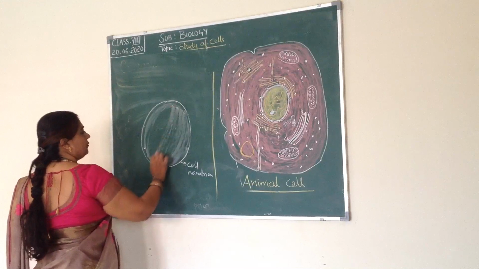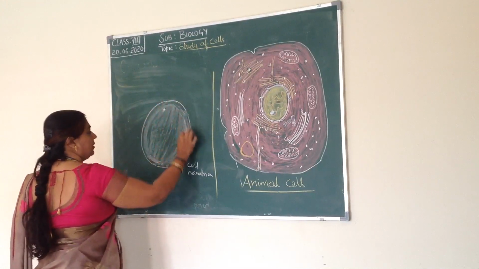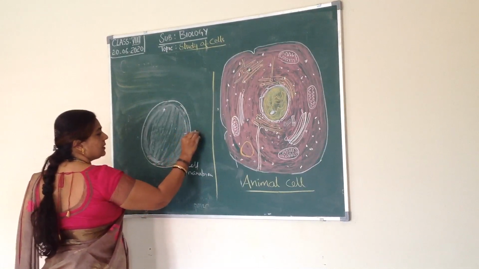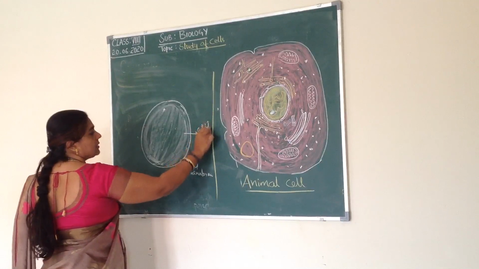The cell membrane encloses a jelly-like substance called cytoplasm.